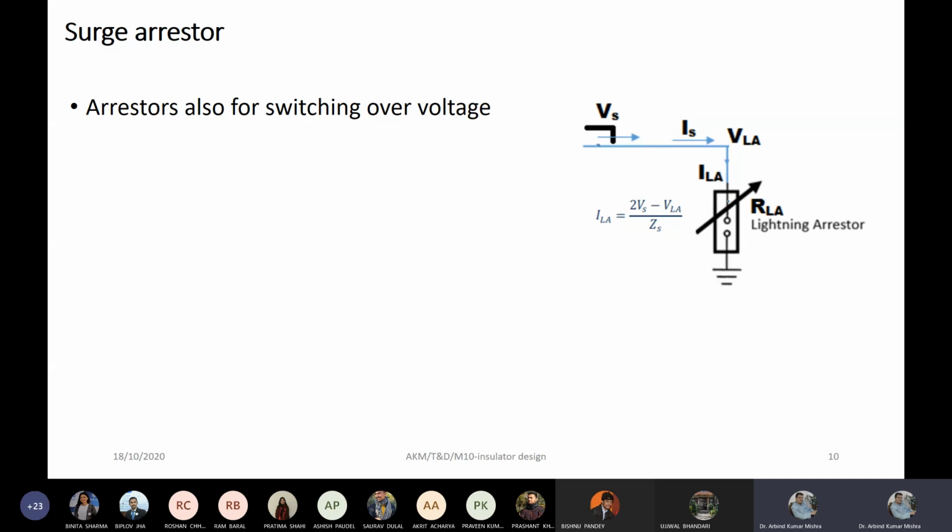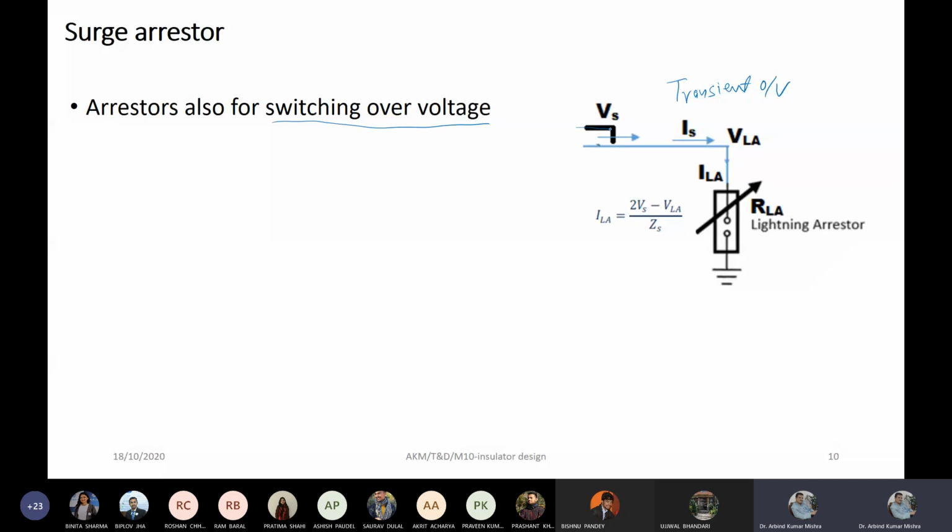Lightning arrestor can work for transient over voltage, and since the switching over voltage is also a transient over voltage, of similar nature, the same lightning arrestor can also work for the switching over voltage.